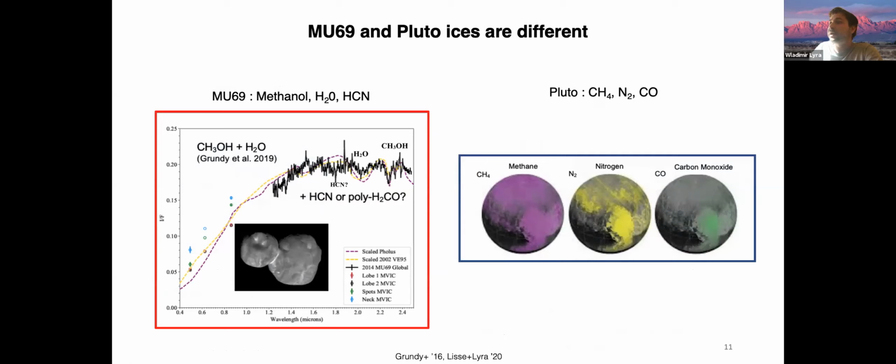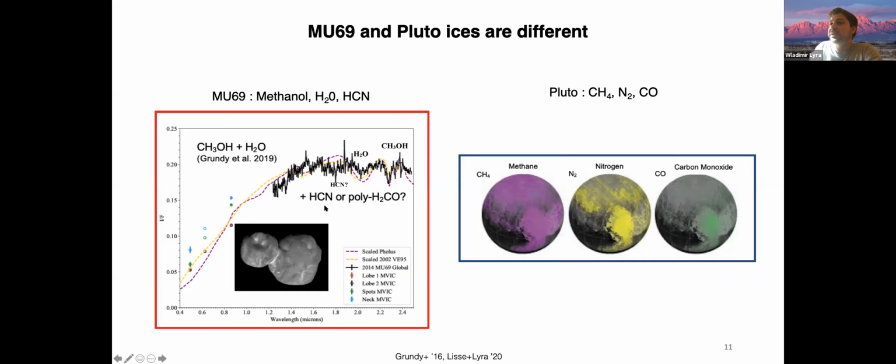Another line of evidence for formation while gas is present, I mean, a quick formation, as you would expect from streaming instability, is the fact that the surface ices are very different than the surface ices that you see on bigger objects like Pluto. So on MU69, you see clear signs here of CH3OH, some tentative detection of water ice and HCN.